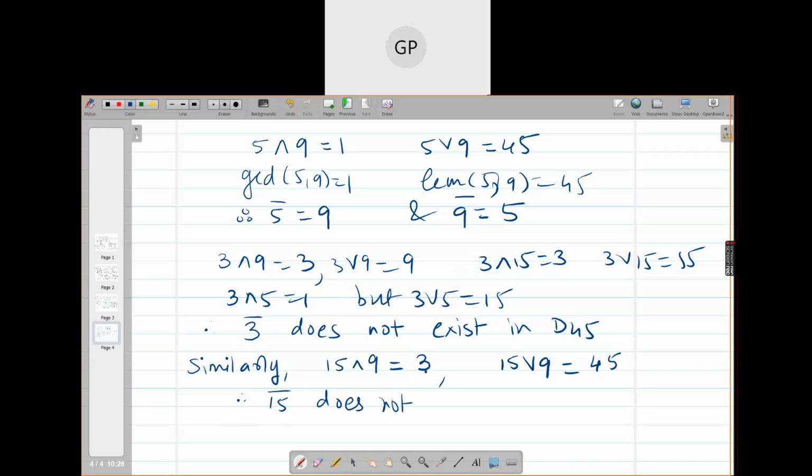And it is not happening with the other elements either. We have just checked 15 with 3. Look at 15 and 5 also. 15 meet 5 is 5. 15 join 5 is 15 itself. And therefore 15 bar does not exist in D45.